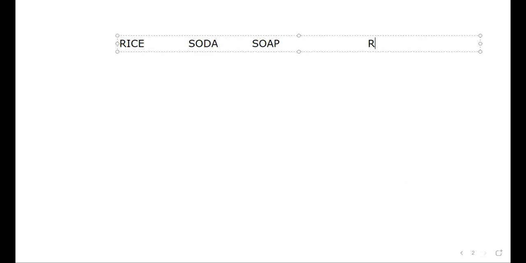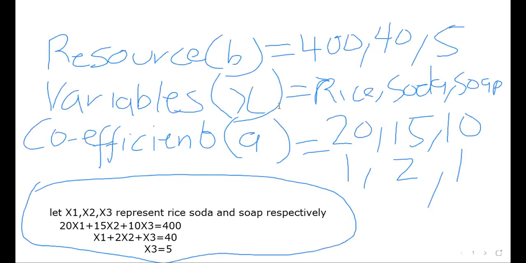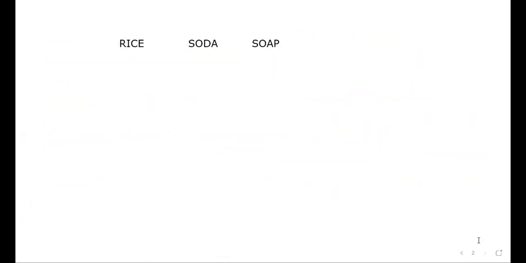So resource, or how should I even put it? The way I want to do it, so I don't get you confused, let me stick to this way. What I wanted to do is name here the resource, and then this here will be the available resource.